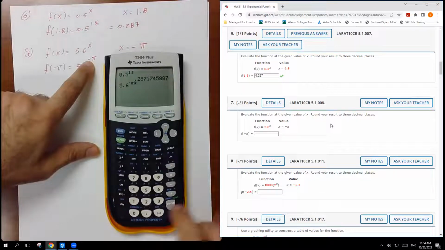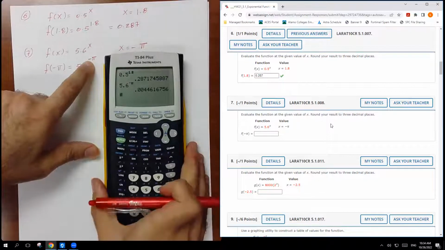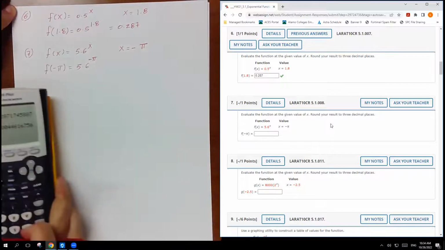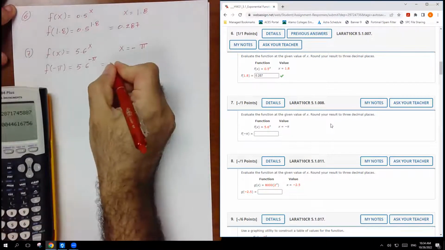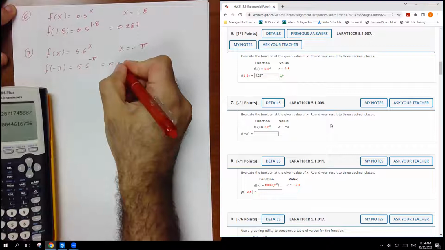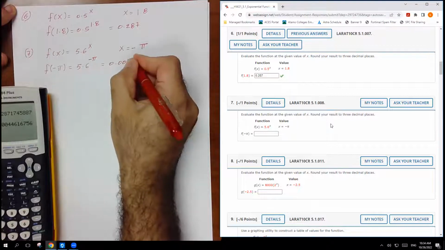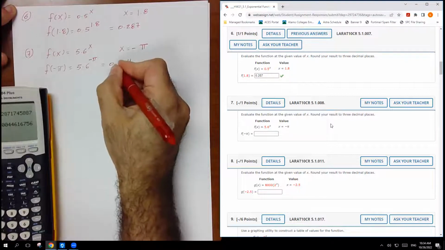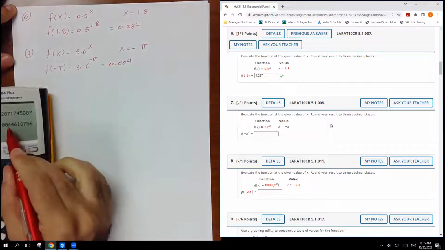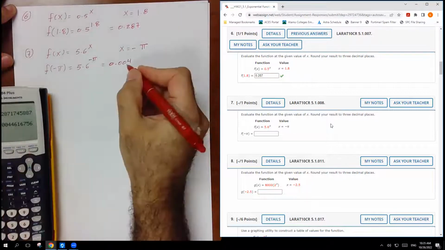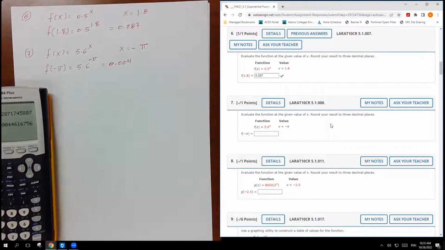That means negative pi. Hit enter. The result is going to be 0.004, because they ask you to round to 3 decimal places, and after the 4 is going to be another 4. So it's going to be 0.004. So we're going to type here just 0.004. This is this example.